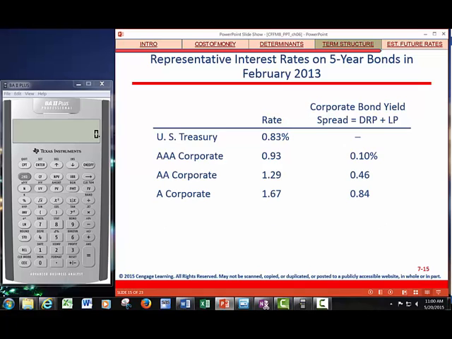And we're just seeing that you could back out the corporate bond yield spread, which is always equal to the default risk premium plus the liquidity premium, by taking 0.93 minus 0.83. That difference is 0.1%. So the sum of these two equals 0.1% for a AAA corporate, and for a AA corporate it equals 0.46, and then finally 0.84 for an A corporate.